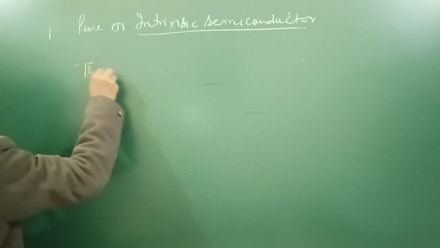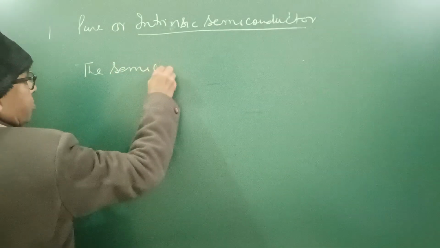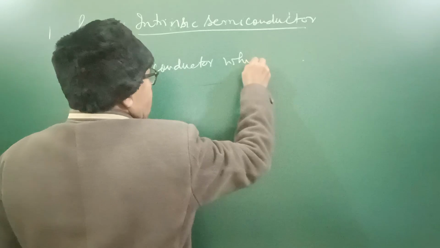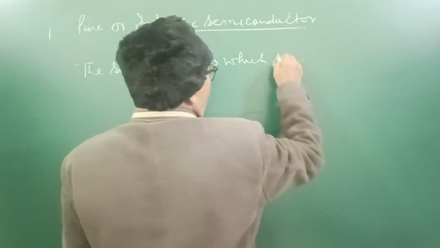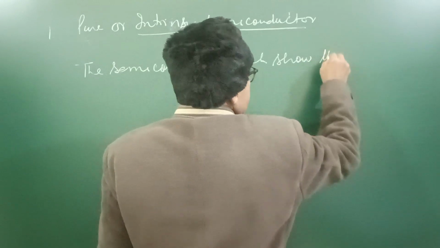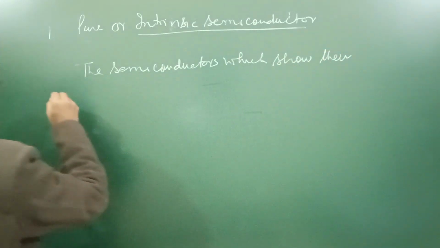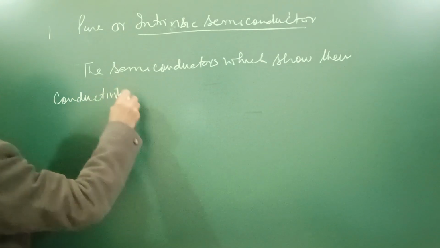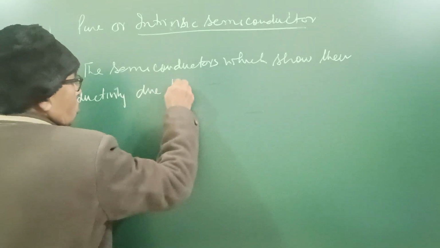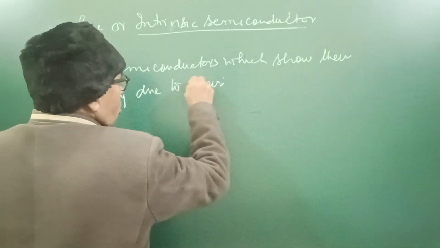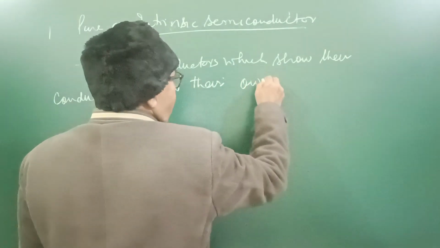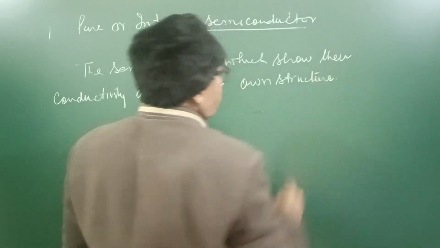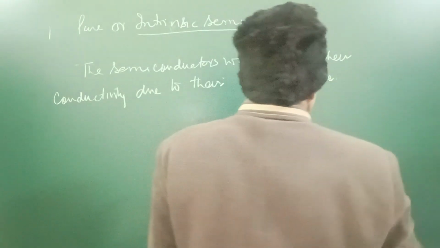So pure semiconductors are the semiconductors which show their conductivity due to their own structure.